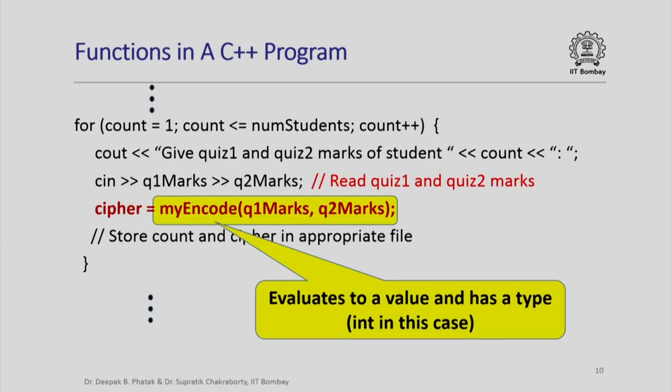We had already seen this earlier in our lecture on naming conventions and type declarations. In this case, myencode evaluates to a value of type int, which can then be assigned to this variable called cipher.